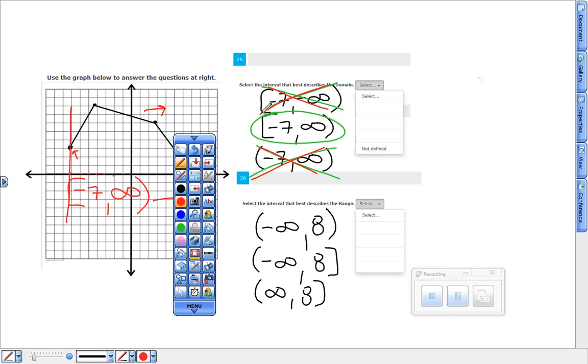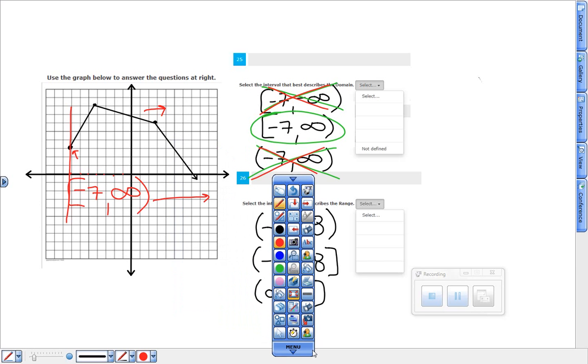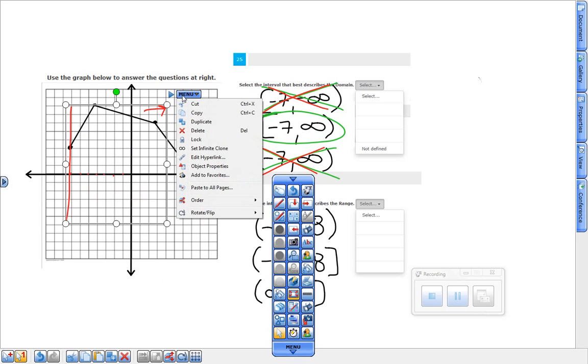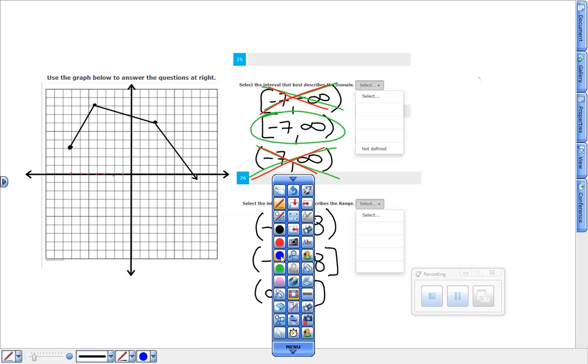And then the last one, this one from bottom to top, a little bit harder, but range measured bottom to top. If the arrow is going down, that is -infinity. So for my range, I do have -infinity because this arrow going downhill, there's no bottom to it.